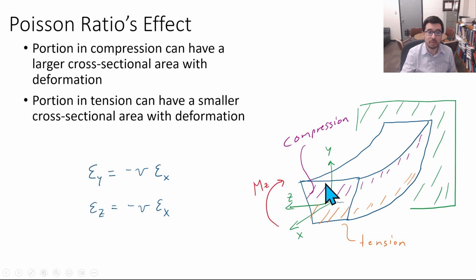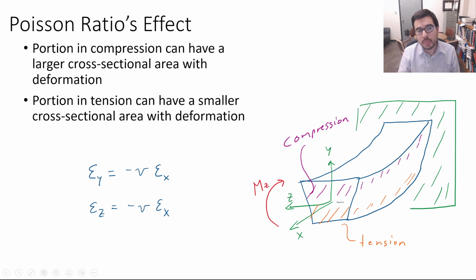There's going to be a positive strain, and that's because it's getting compressed, so it's getting a little bit thicker. And in the z direction, it's getting a little bit wider above. So you get a double negative here, and you end up getting positive epsilon z and positive epsilon y above the neutral surface when you have this applied Mz.